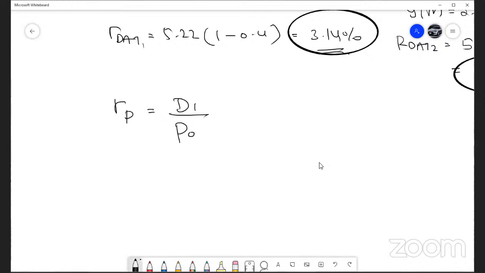The question gives a 4% preferred stock, so 4% of the $100 par value is $4. Then divide by the current price at time 0 of 79. This gives you the cost of preferred stock, 0.0506, a very small figure.